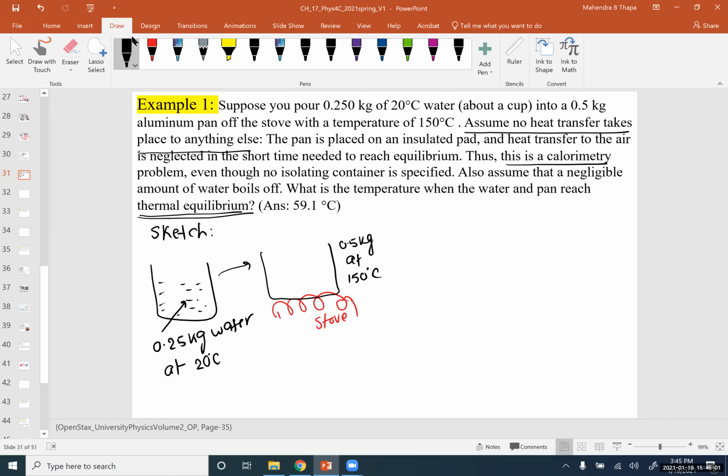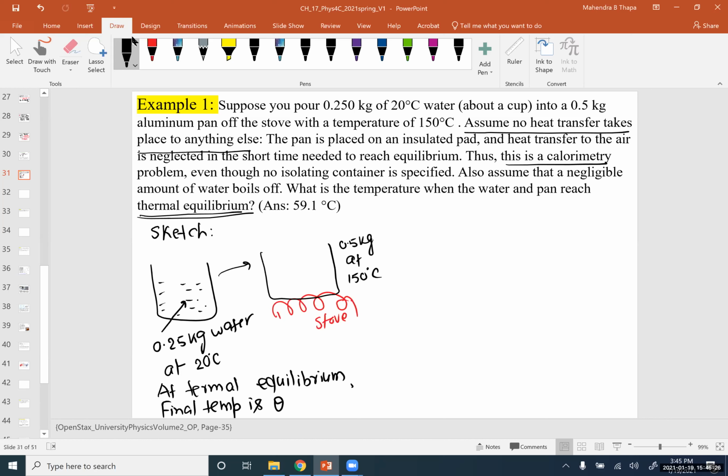Here we'll see that at thermal equilibrium, the final temperature is, say, theta degrees Celsius.